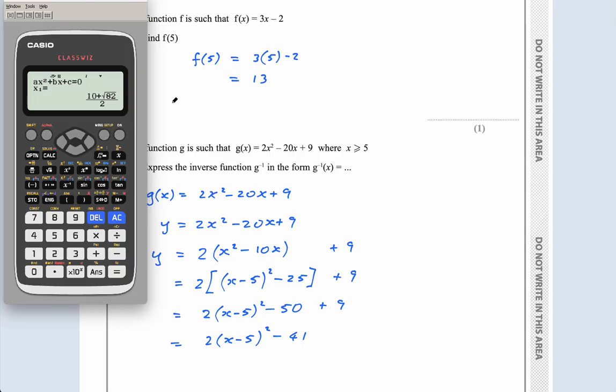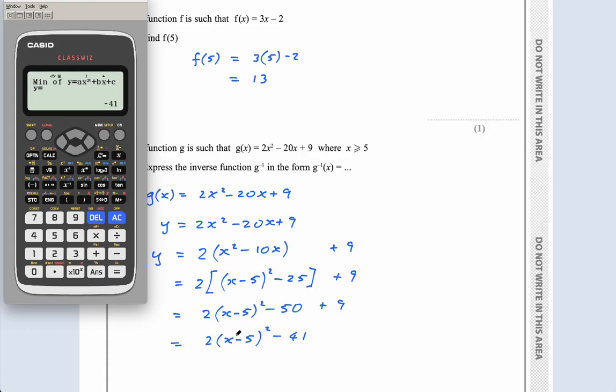Now, we get x1 and x2, but what we also get is the minimum of this. The minimum occurs at 5, there's my 5, and negative 41, there's my negative 41, and the 2 is always the same. So that's a nice trick to complete the square, to make sure you're right.